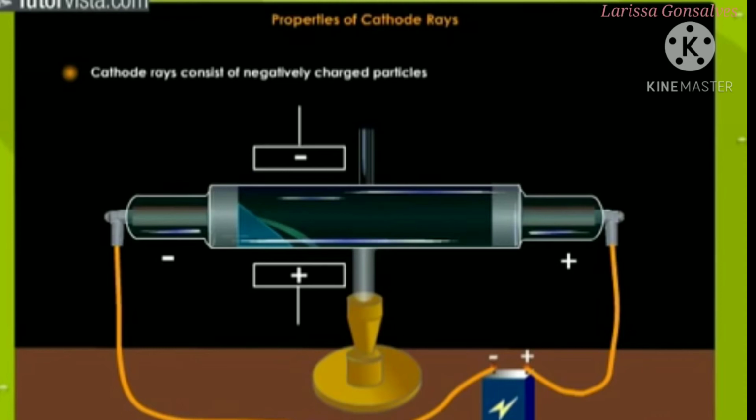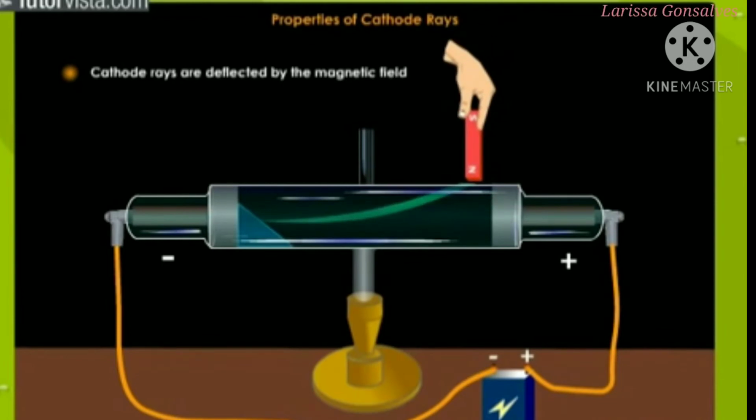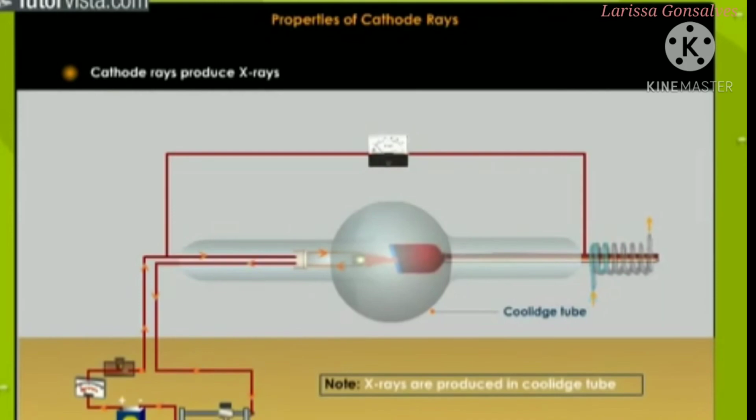This is because the negatively charged particles in the cathode rays get attracted towards the positive plate. Cathode rays are deflected by the magnetic field. When the tube is exposed to a magnetic field, the cathode rays follow a curved path showing that they are deflected by the magnetic field. Cathode rays produce X-rays when they impinge on a metal with a high atomic weight.